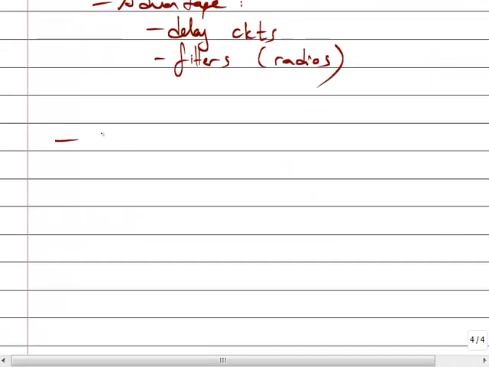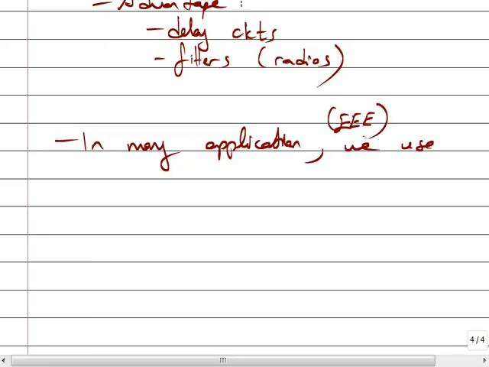So in many applications, we use capacitance purposely.